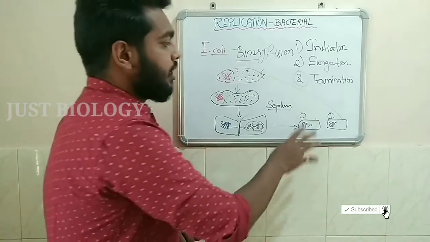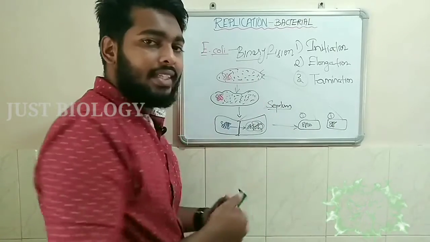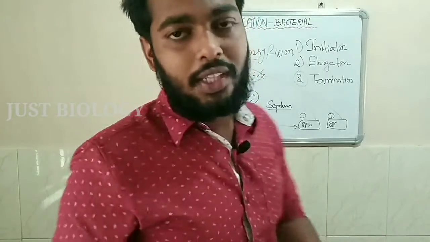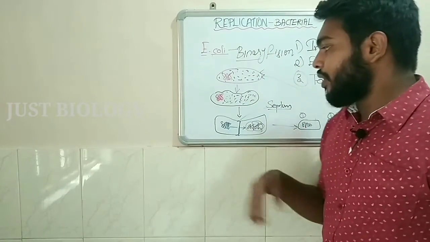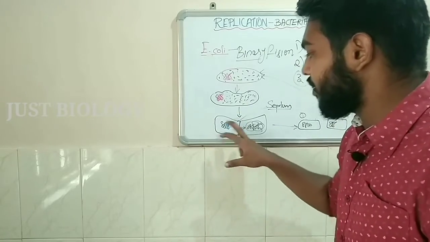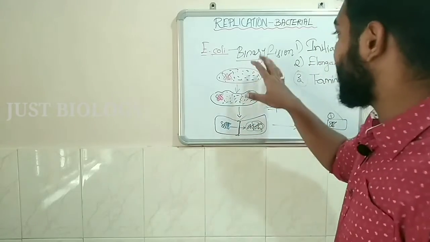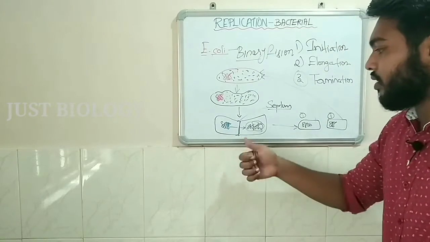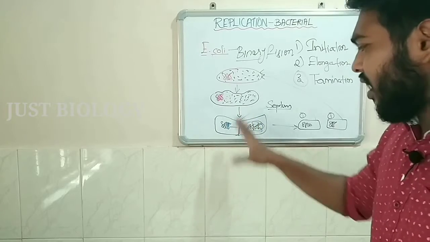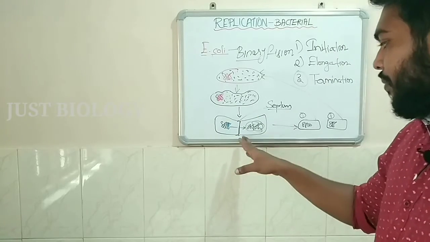In binary fission, the cell will get enlarged, and once the cytoplasmic or nuclear content ratio increases, they start synthesizing the DNA by the replication process. Then once they finish the replication process, a wall or barrier will be formed.